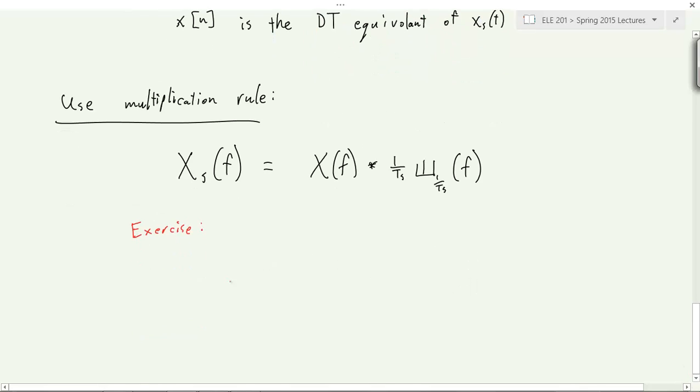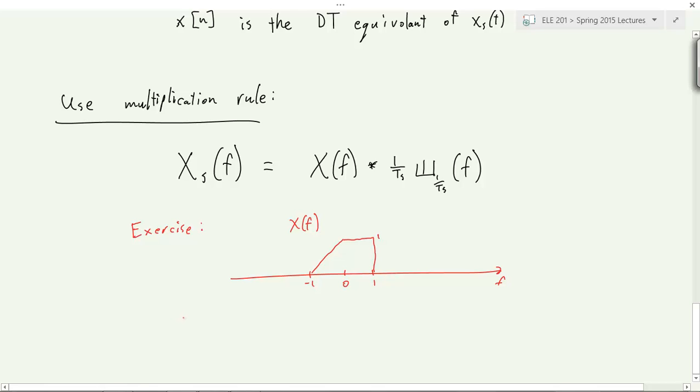So let's suppose that we have a signal that originally the x of f looked like this. All right, so this is our x of f.